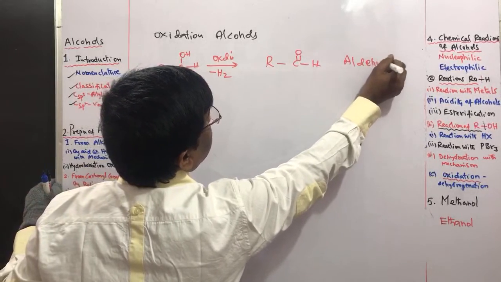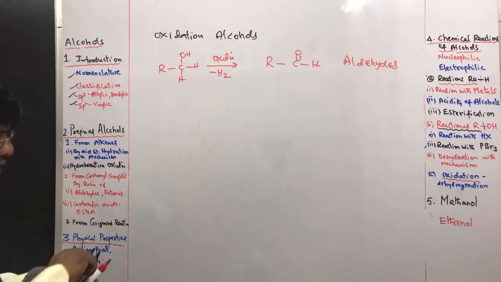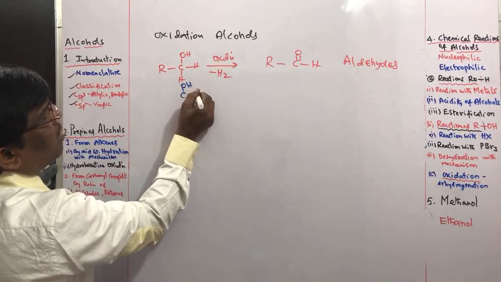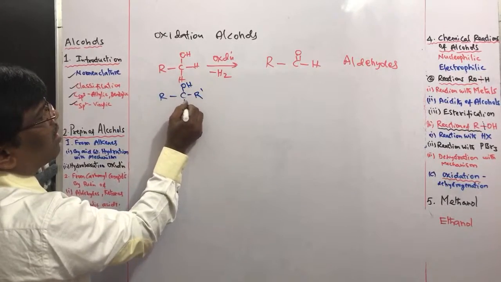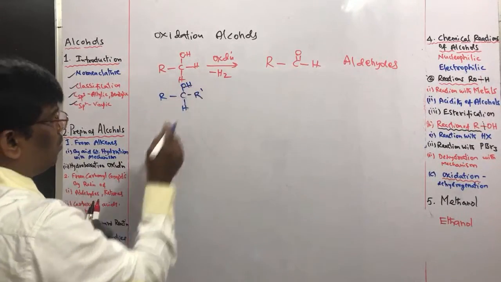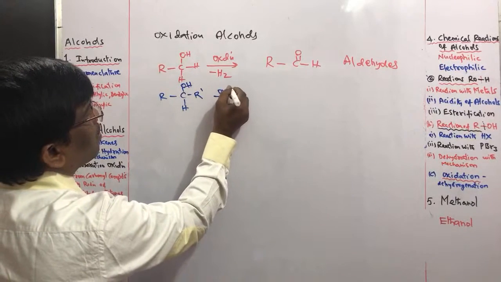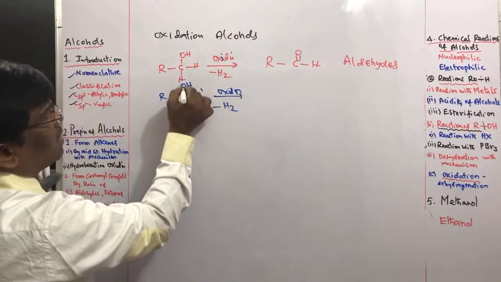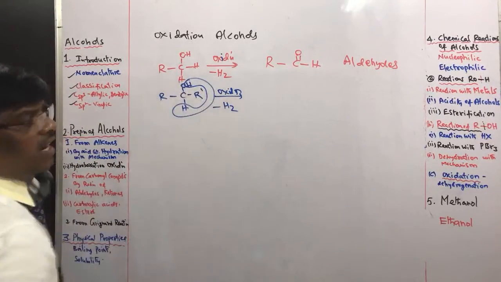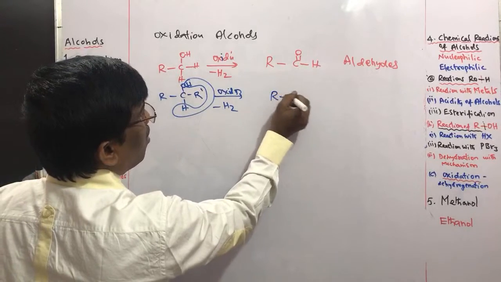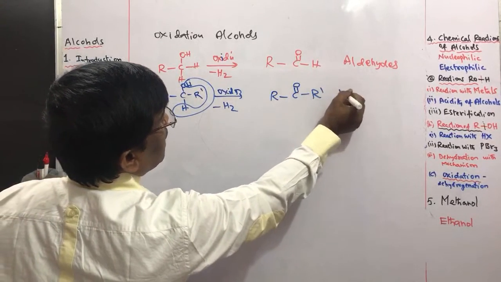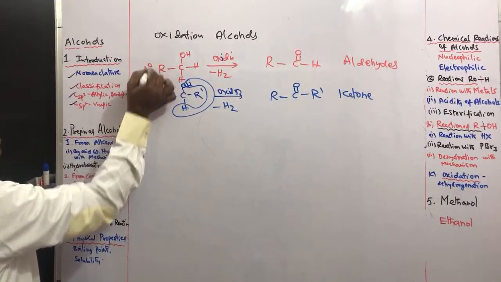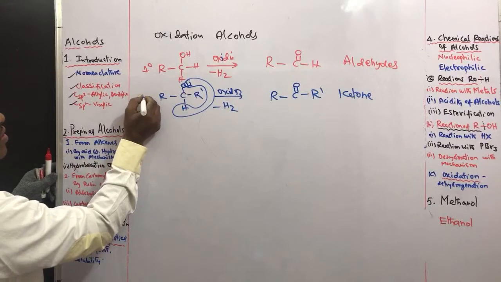Primary alcohol gives aldehydes, whereas a secondary alcohol, with OH and R prime on one side and R on the other, loses hydrogen and gives a ketone. Primary gives aldehydes, secondary gives ketones.